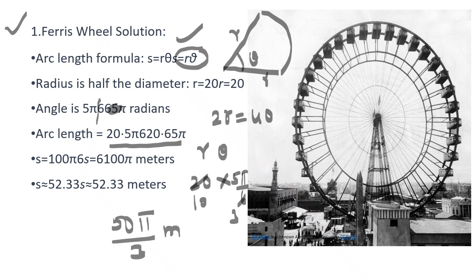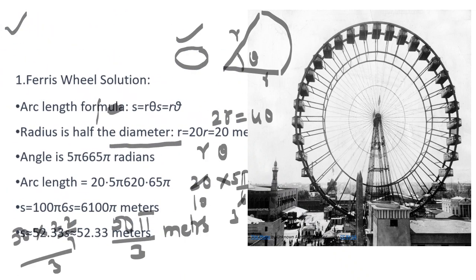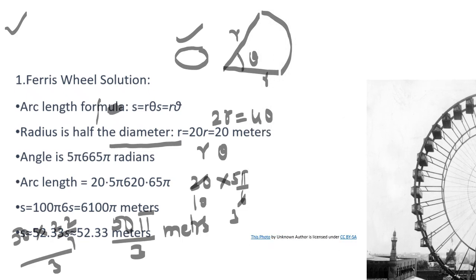If you want, you can simplify further by taking pi as approximately 22 by 7, so 50 into 22 by 7 by 3. This is the answer to question number 1, the Ferris wheel solution.